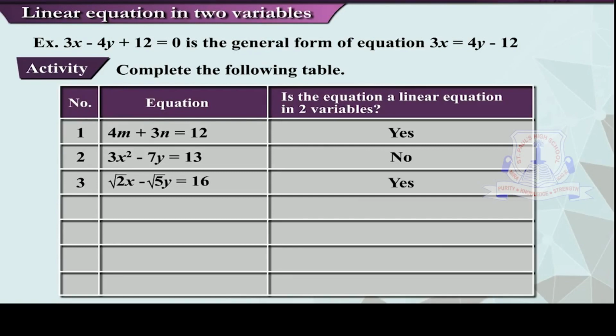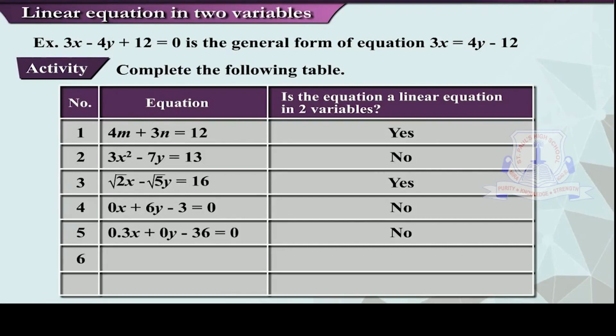Yes, it is a linear equation in two variables. Fourth, 0x plus 6y minus 3 equal to 0. No, it is not a linear equation in two variables. Fifth, 0.3x plus 0y minus 36 equal to 0. No, it is also not a linear equation in two variables.